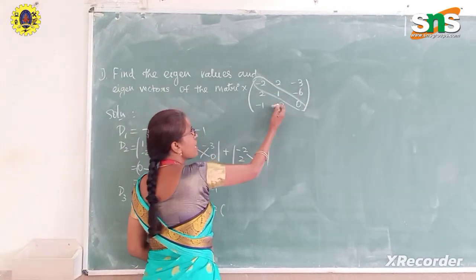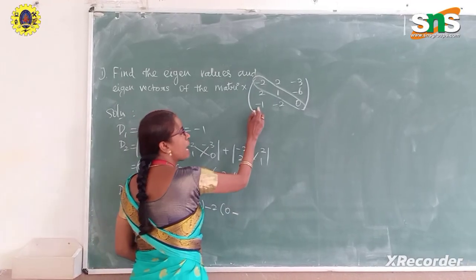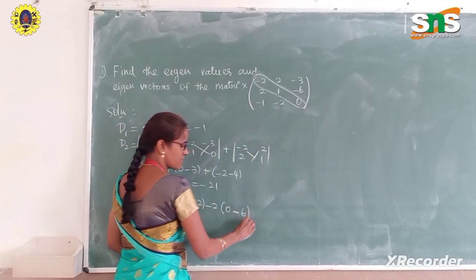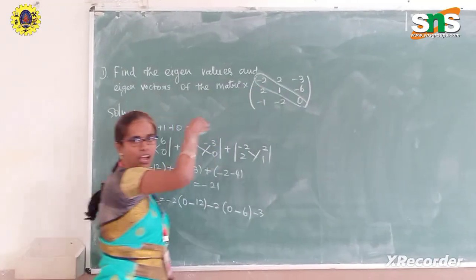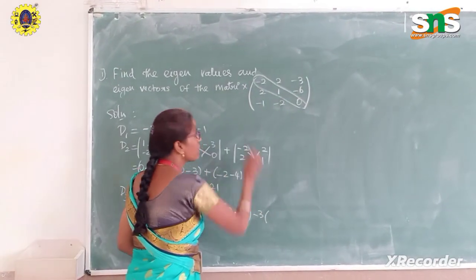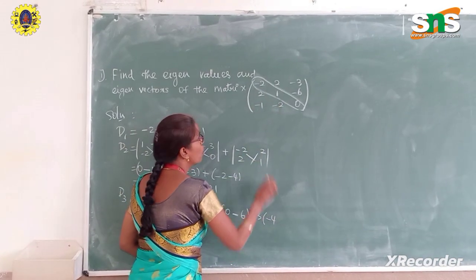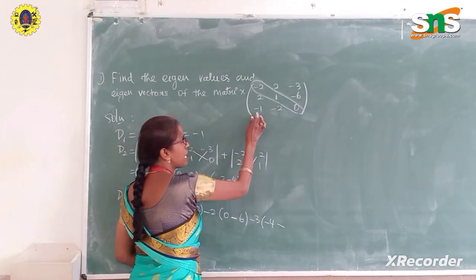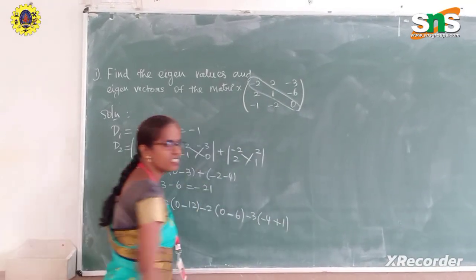So the remaining case: 2 into 0 is 0, minus 1 into minus 6 is 6. And the third one is minus 3, because of the element itself, no matter. Leave the third row and third column. So 2 into minus 2 is minus 4, and minus 1 into 1 is minus 1. Already one minus is here, so minus into minus is plus.